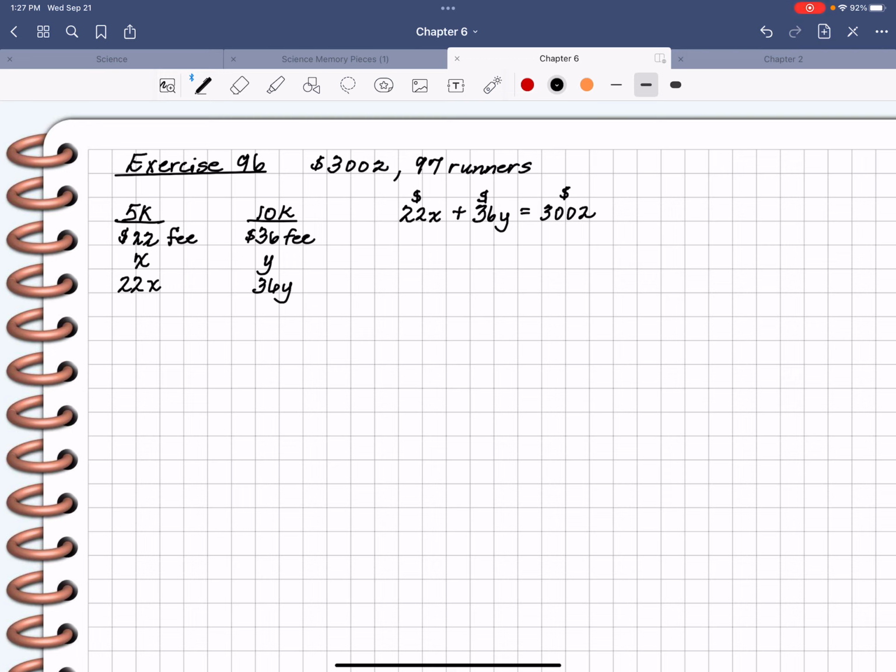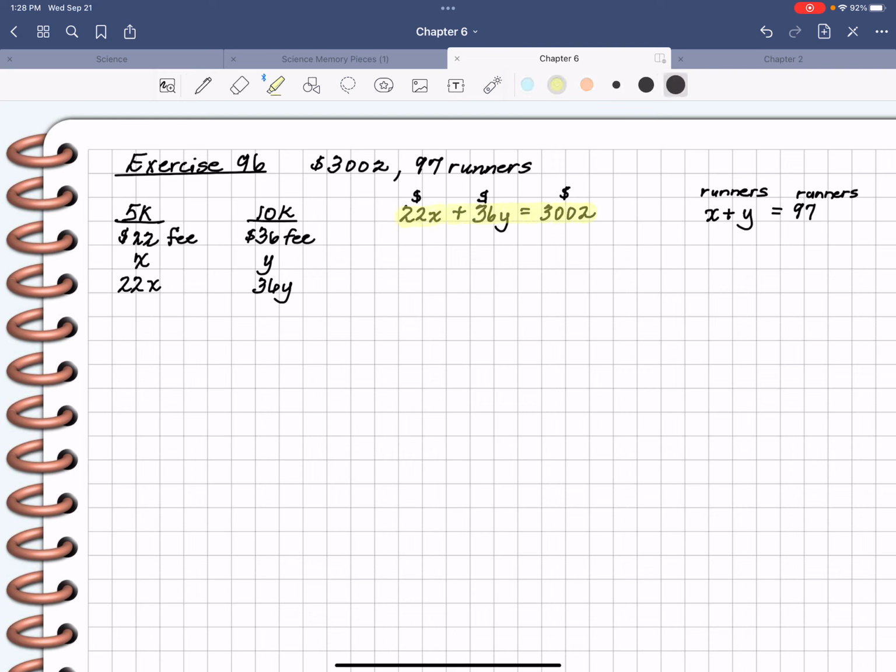The other equation is going to focus on the runners. So in this case, we want the other side of the equation to be runners, and that is done with just X's and Y's. The number of X's and the number of Y's together made the 97 runners. So there's my system.